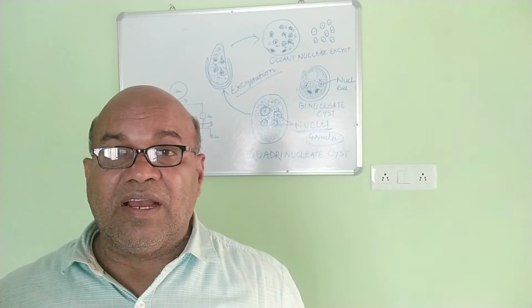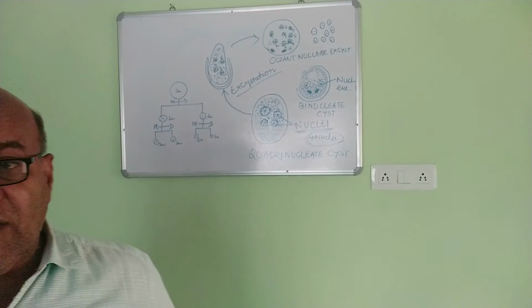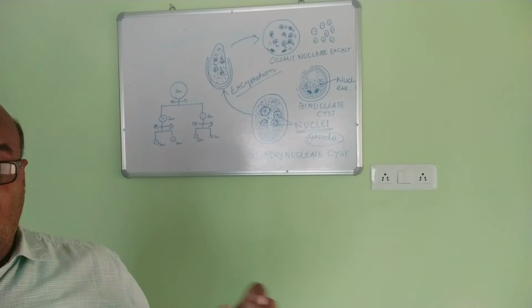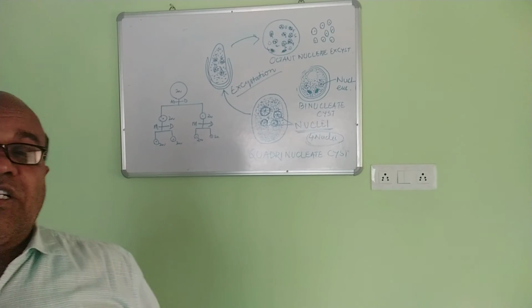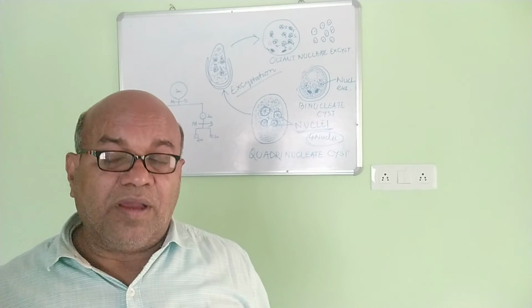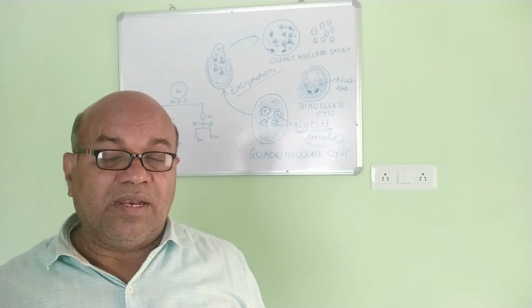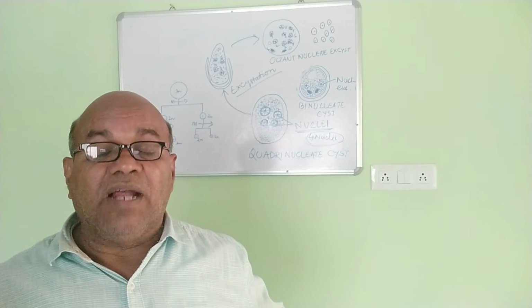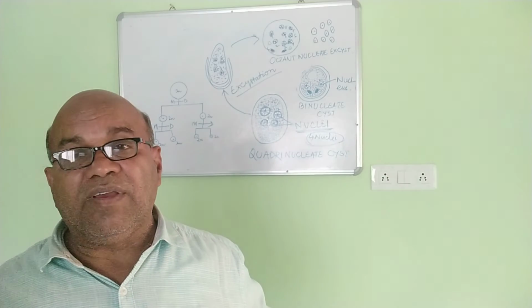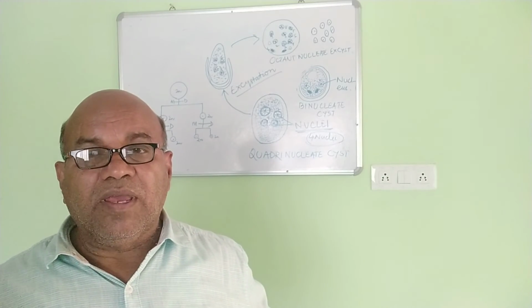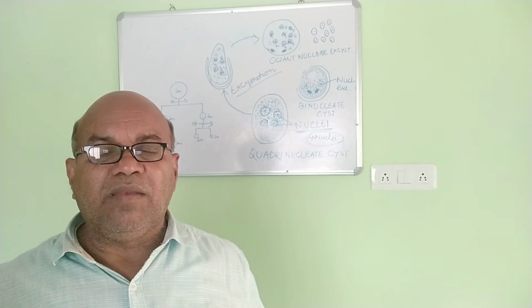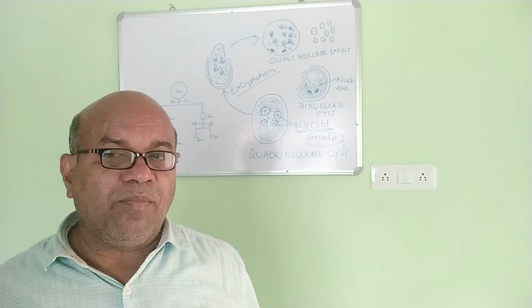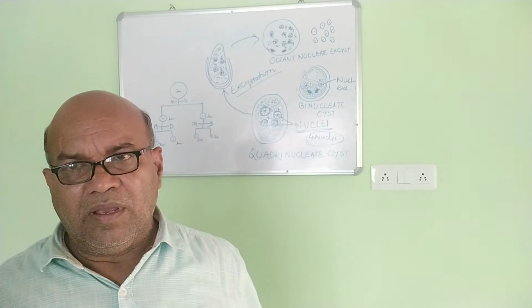Entamoeba histolytica is a parasitic form, whereas Amoeba proteus is a free-living organism. This is the difference between Entamoeba and Amoeba.